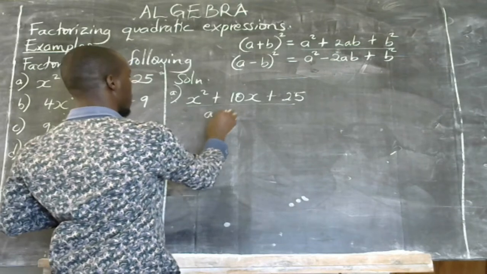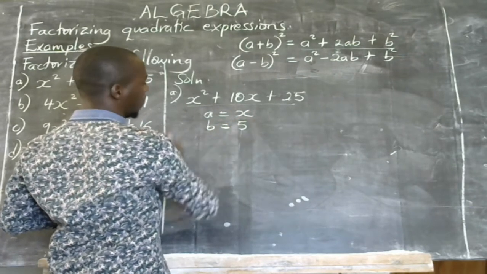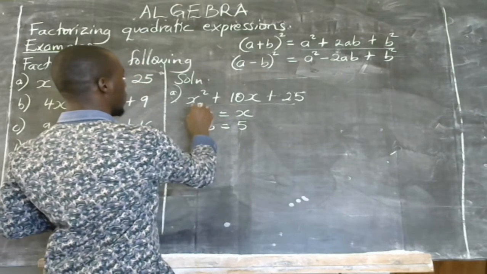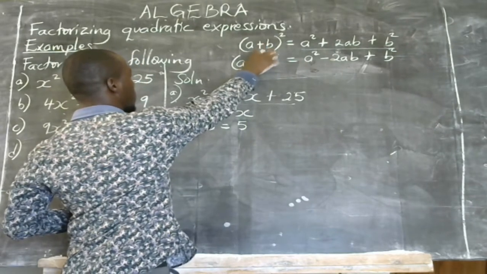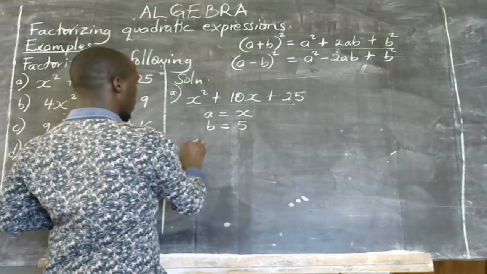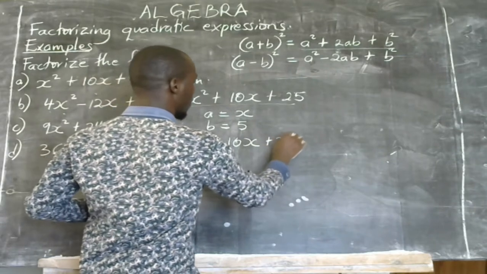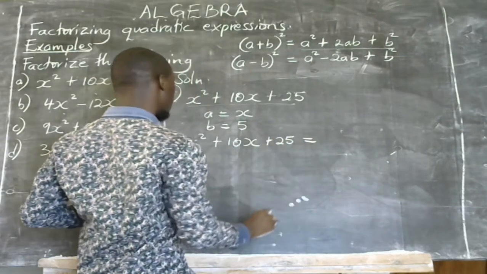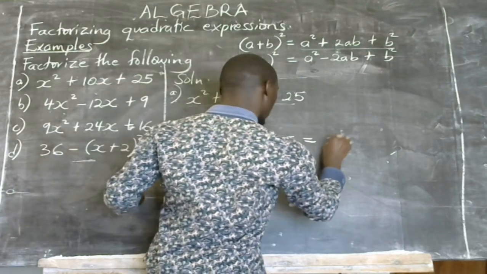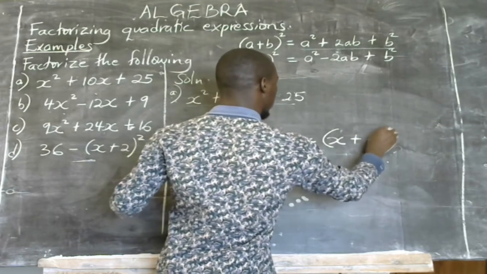So I've said a is this x, the b is the 5. Now I just write a plus b squared. So the whole of x squared plus 10x plus 25 is now x plus 5 squared.